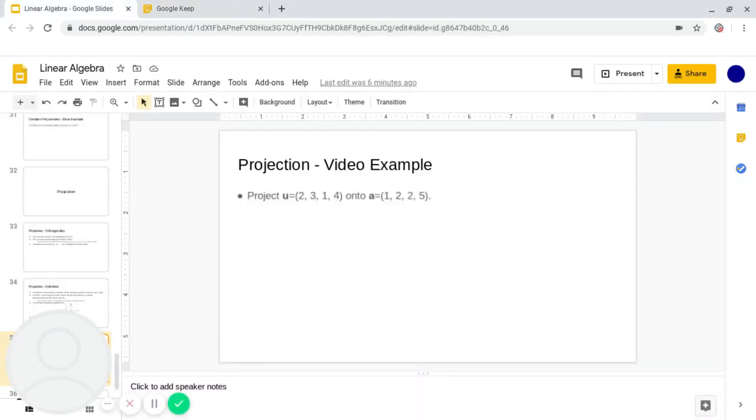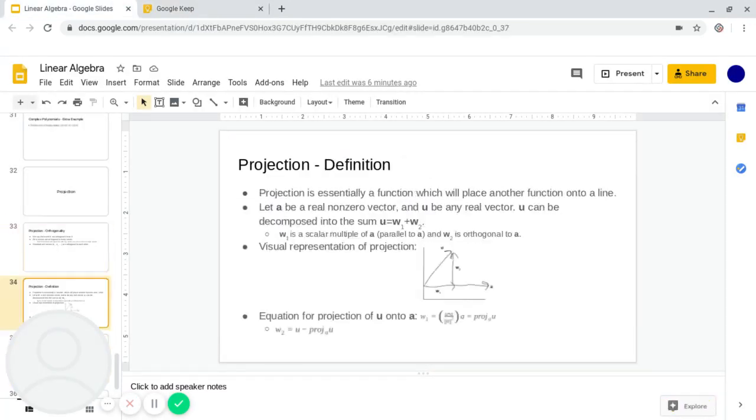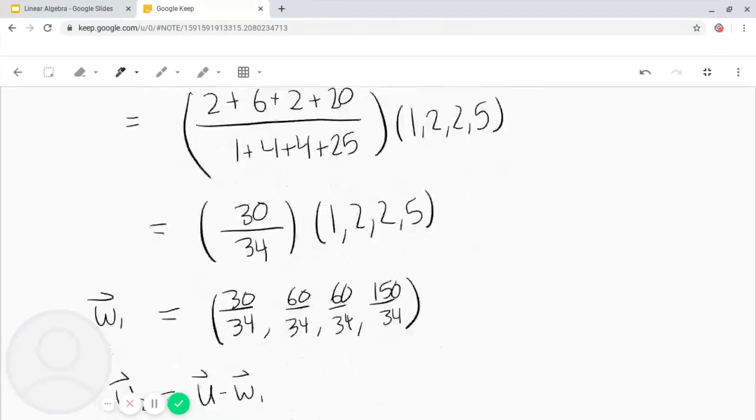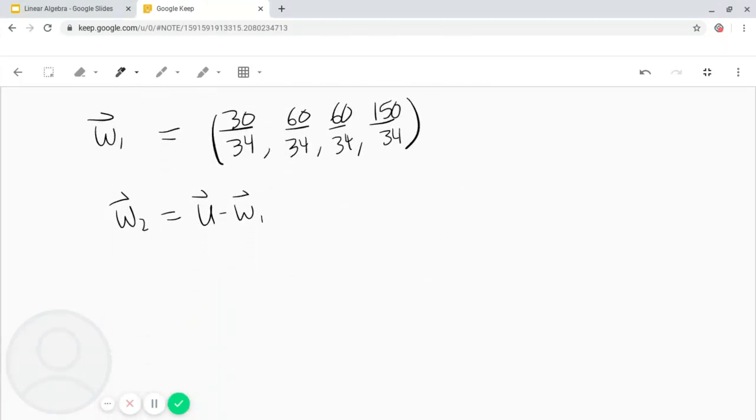And then, as we saw here, W2 is just equal to U minus that. Sorry, I should have those arrows there to indicate that they're vectors.